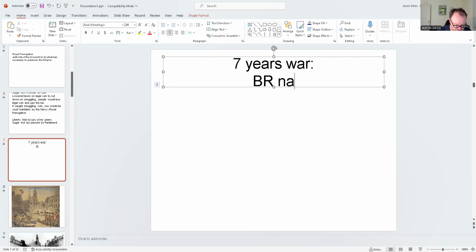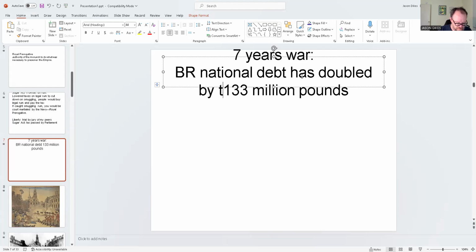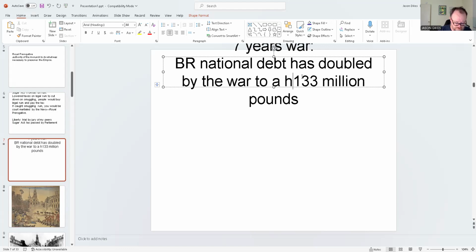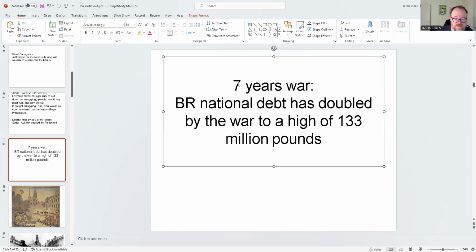British national debt now stood at, oh man, 133 million pounds. And again, that was doubled by the 7 Years' War. So that's one reason for the taxation.